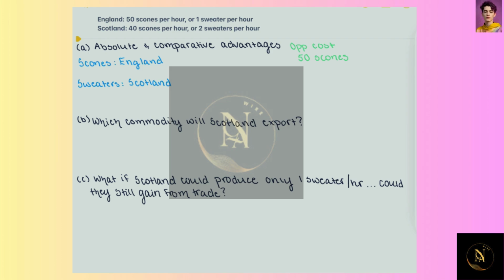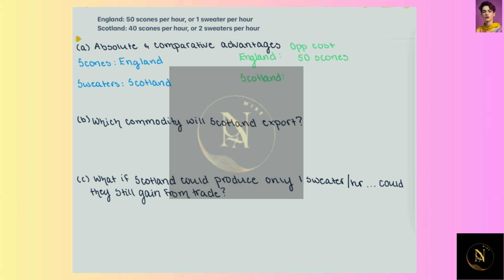Now, if we wanted to look at Scotland, we've got England right here. Their opportunity cost of producing a sweater is 50 scones. Scotland's opportunity cost of producing a sweater is a little trickier because they can produce 2 sweaters per hour, whereas England was really straightforward, just 1 sweater per hour. These 2 sweaters per hour tell us that it takes them 30 minutes to make each sweater.